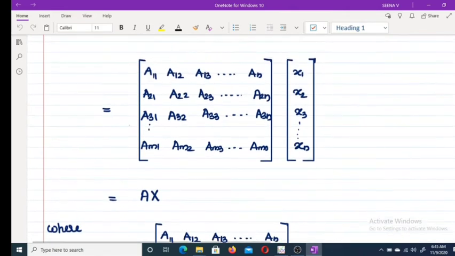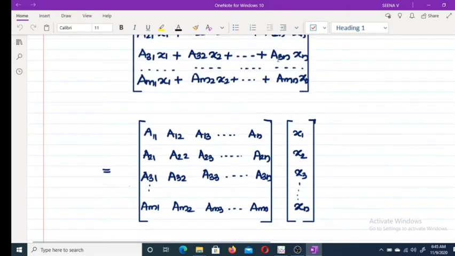Now this matrix is equal to the matrix A11, A12, A13, etc., A1n; A21, A22, etc., A2n, etc., into x1, x2, etc., xn. So the matrix of T alpha related to the basis B dash is equal to this one.